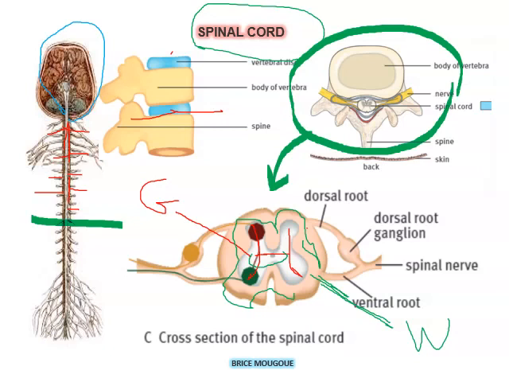If we look at the spinal cord, somewhere around the center, we will identify a small structure, like a small hole. That's what we call the central canal.